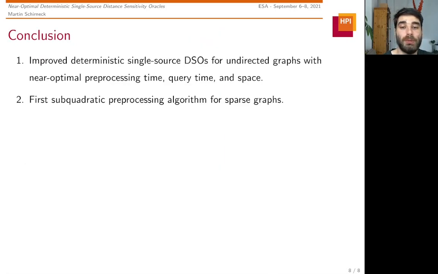To wrap up, I showed you an improved deterministic single-source DSO for undirected graphs, and we showed that the preprocessing time, query time, and space is all near optimal. And we gave the first subquadratic preprocessing algorithm on sparse graphs.